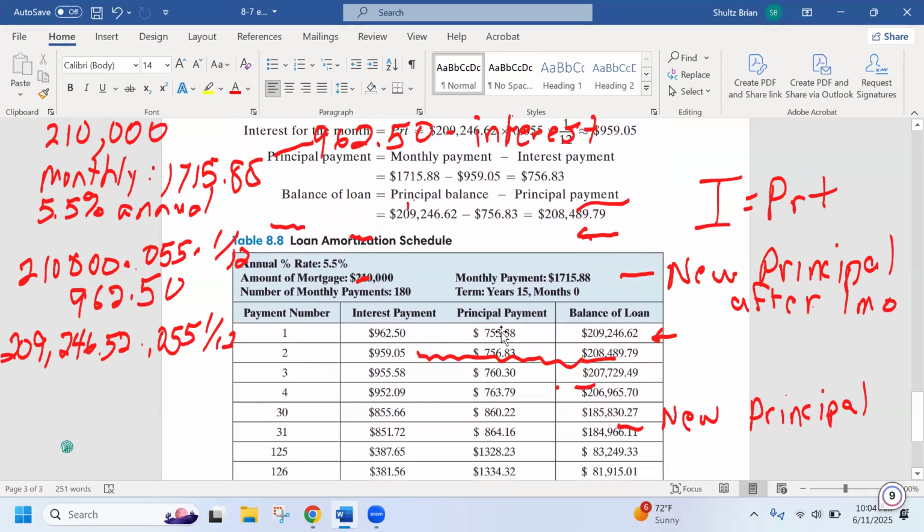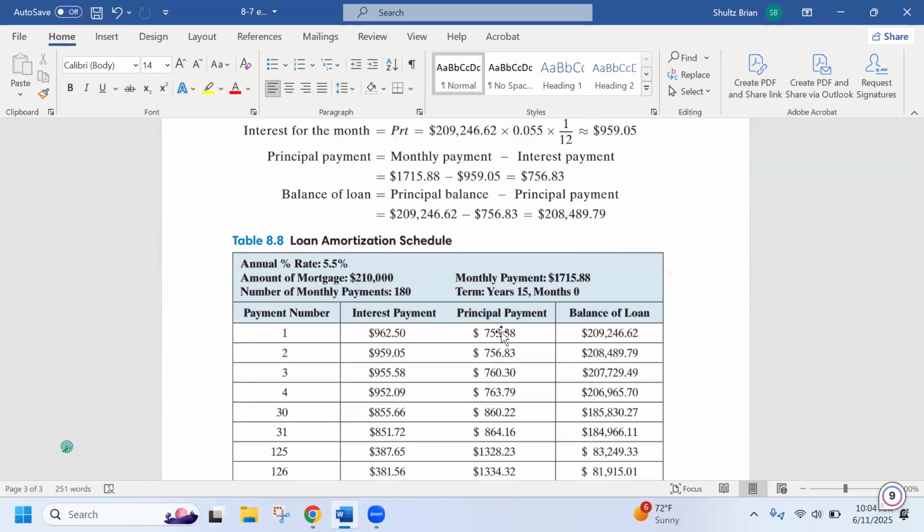Basically, all you need to know is I'm going to clear this stuff out. To fill this out, once I get going, I take the balance minus the principal payment each time. Here's my principal payment, here's my balance to start with.